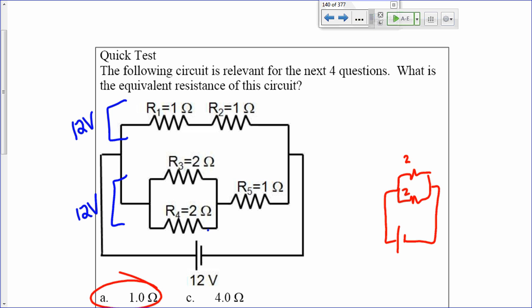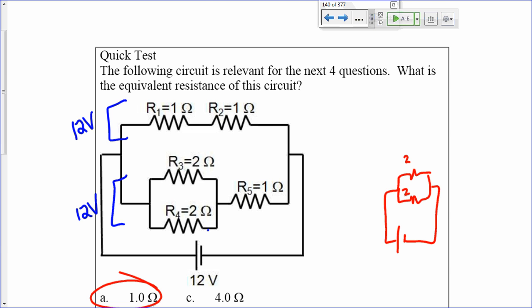It's like in your house. If you turn off your toaster, it doesn't affect your radio or whatever. So whatever I do in the bottom branch, even if I just took it away completely, it would have no bearing whatsoever on the top branch, because they're parallel, and they're independent of one another. Regardless of what changes I make in the bottom branch, it doesn't affect the other parts of the circuit.